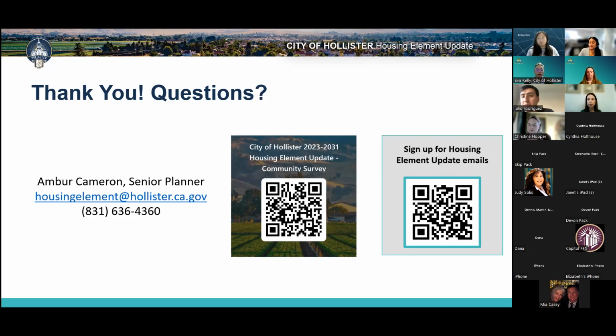If there's anything that we covered at this meeting that you'd like to ask questions on or need further elaboration on, the best way to get that information is by contacting the housing element email address listed there, signing up for the housing element update emails, and also sharing your feedback in the virtual community survey that is linked on your screen with the barcode. So anybody have final comments?